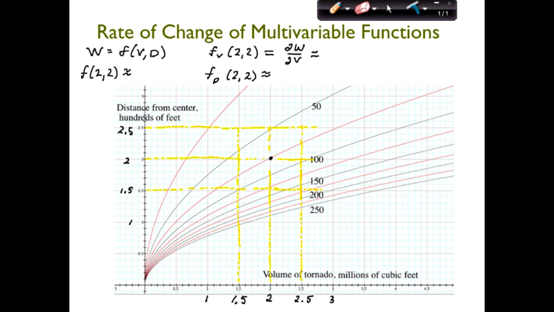25. And is that the numerator or the denominator? Numerator is the change in wind speed. Okay. And then it looks like it goes from about 2 to 2.5, so the denominator would be about 0.5. Okay. And then that equals 50. And if we look on the other side, do we have the same thing?